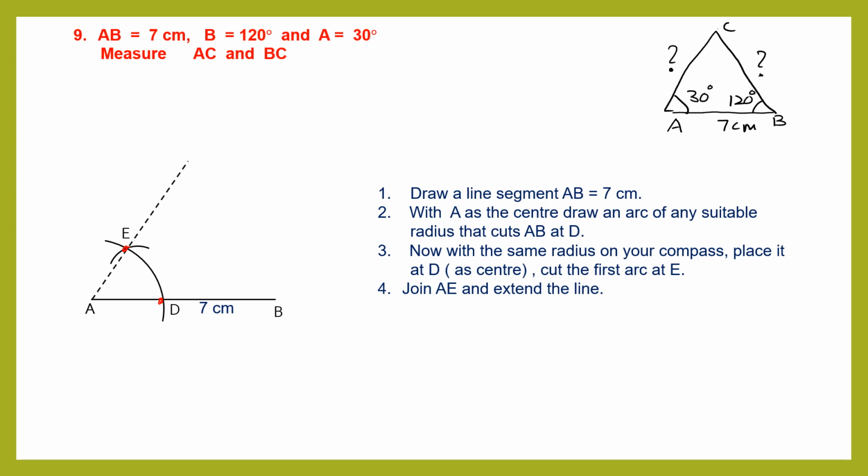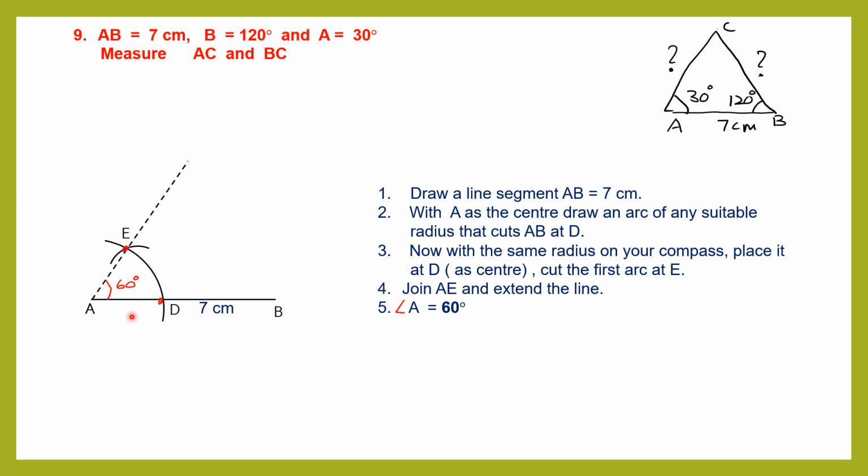We've joined AE with a dotted line because that is going to mark 60 degrees, whereas we are actually looking for 30 degrees, but we need the help of this line to bisect 60 degrees. So right now angle A is 60 degrees, but the question says angle A should be 30.